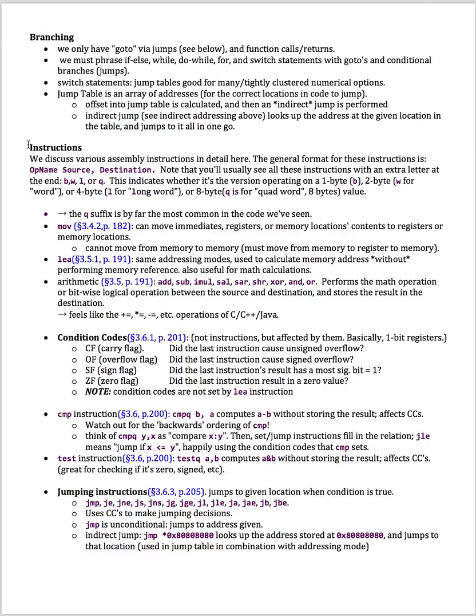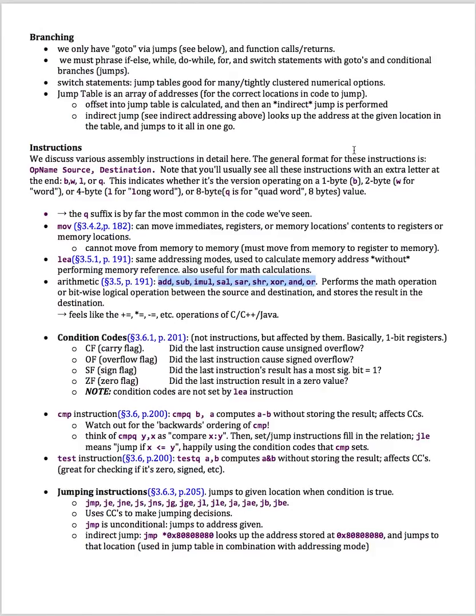So we've talked about different instructions. Just for example, we talked about move and LEA, and also different arithmetic operations like add, subtract, multiply, as well as shift left, shift right, and so on and so forth.